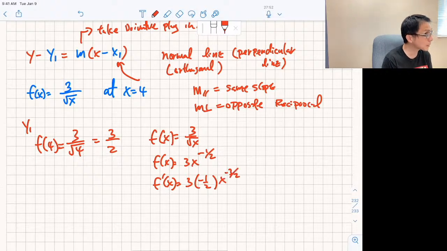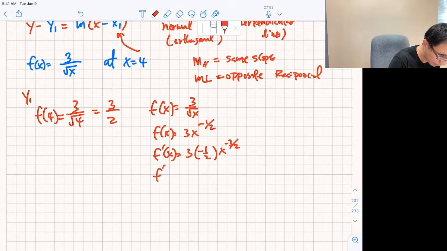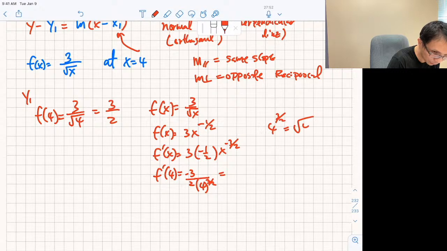Does that make sense? Then I plug in 4. So it'll be 3 over 4 to the 3 over 2, and 4 to the 3 over 2 is the square root of 4 cubed, which is 8. So it'll be negative 3 over 2 times 8, equal to negative 3 over 16.